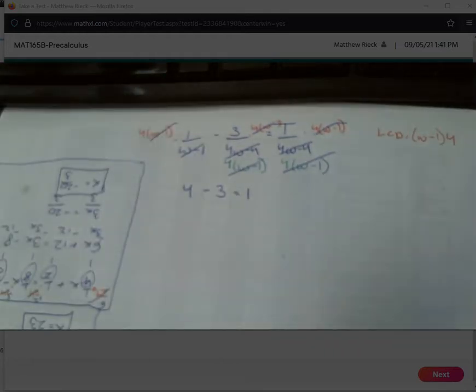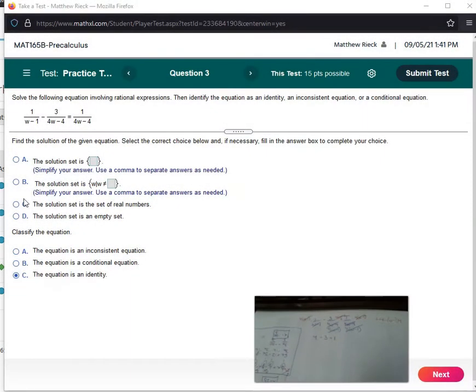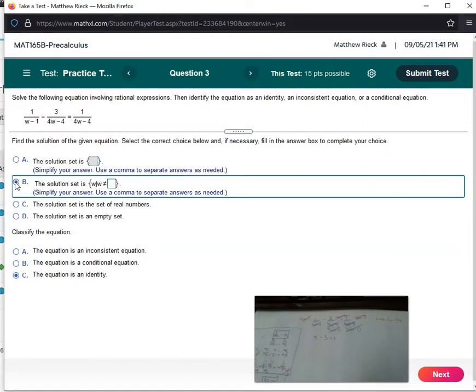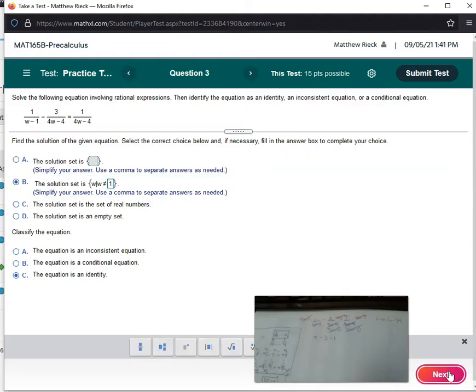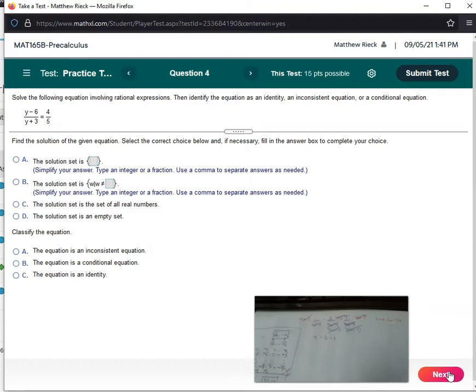So you can't have w being a number that leads to division by 0. In this case, that value would be w equals 1. So the solution set is any w, but w cannot equal 1. That is how I represent my solution set for this problem.